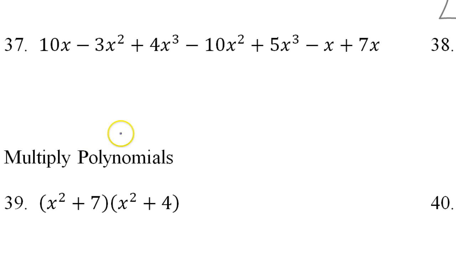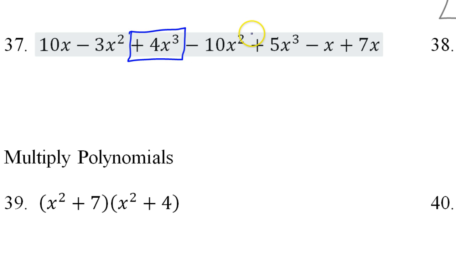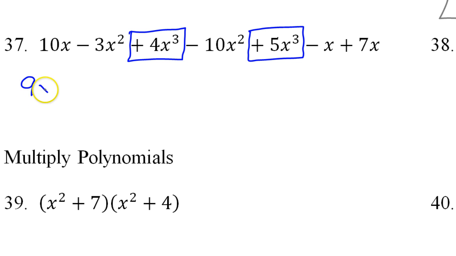For number 37, there are no parentheses, so we can go straight into combining like terms. You should start with the highest power. The highest exponent I see is 3rd power, so we've got 3rd power here and here. 4x to the 3rd power plus 5x to the 3rd power is going to be 9x to the 3rd power.